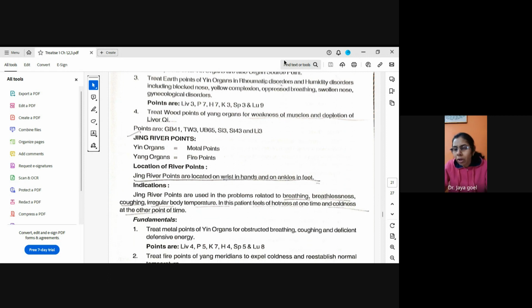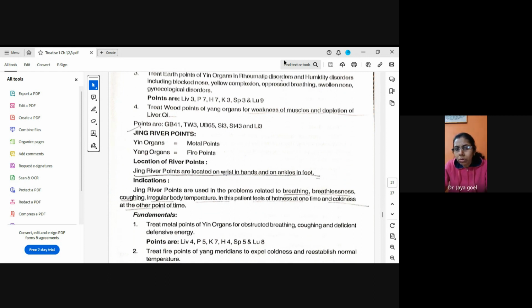Any query till now? Okay, I think you can understand this. And now, the Jing River point: the metal points of the yin organs are the Jing River points.